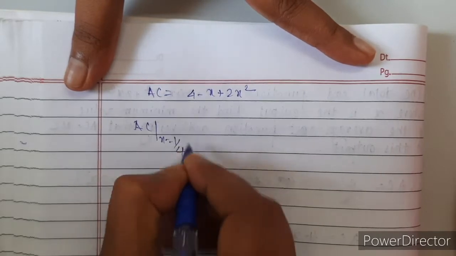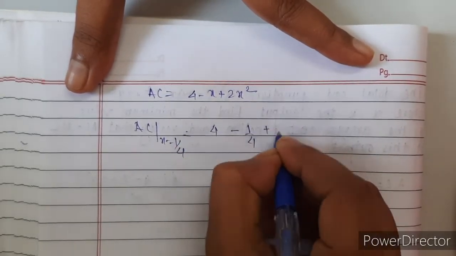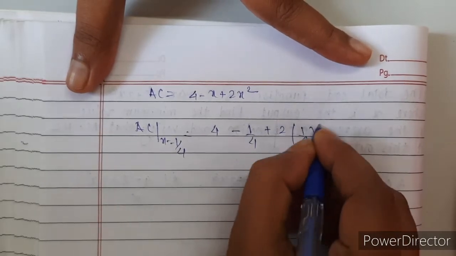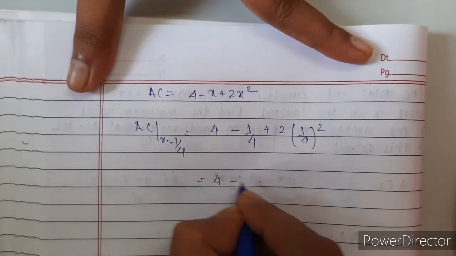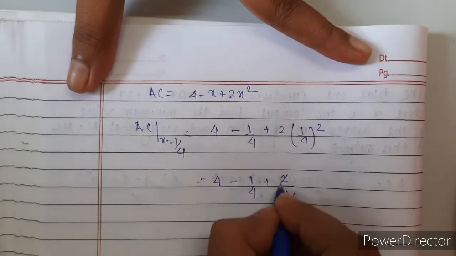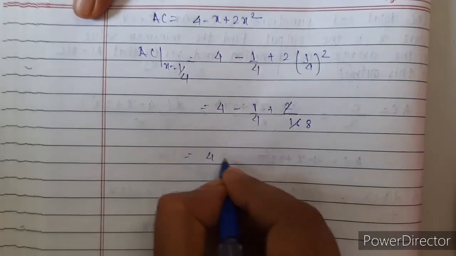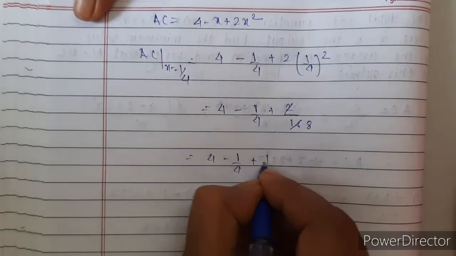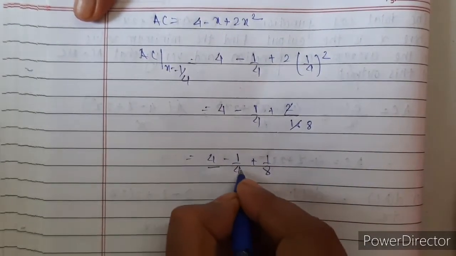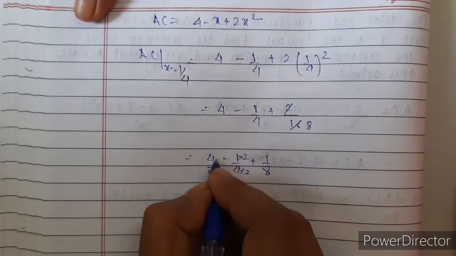x equals 1 by 4. So this will be 4 minus 1 by 4 plus 2 into (1 by 4) square. So we can write this as 4 minus 1 by 4 plus 2 by 16. So I am cancelling this. So what we got is 4 minus 1 by 4 plus 1 by 8. Now I am multiplying this by 2, so you also have to multiply by 2, 8 and 8.